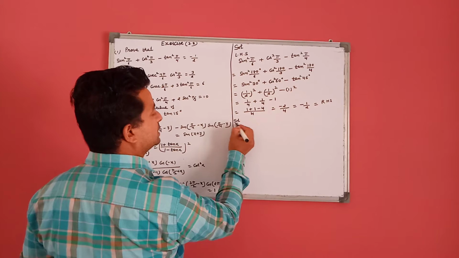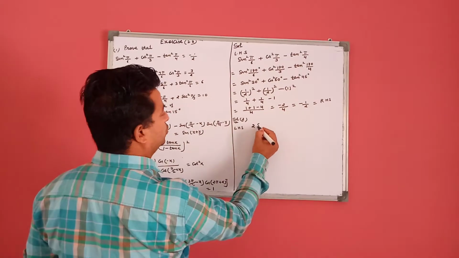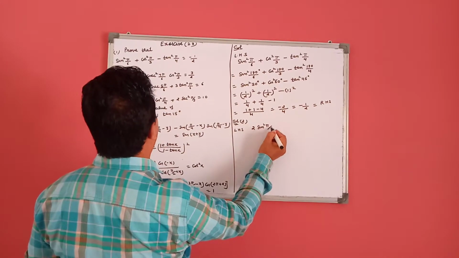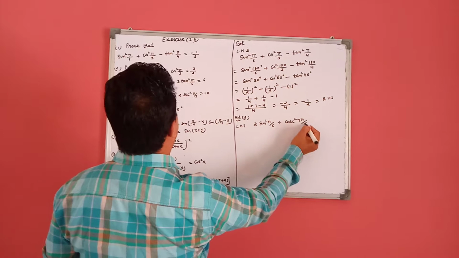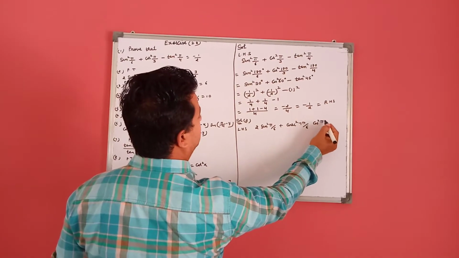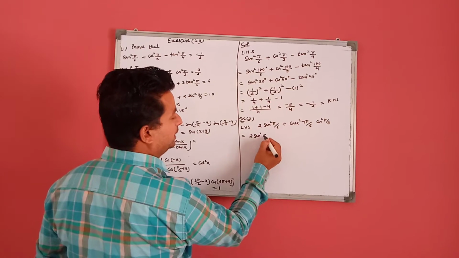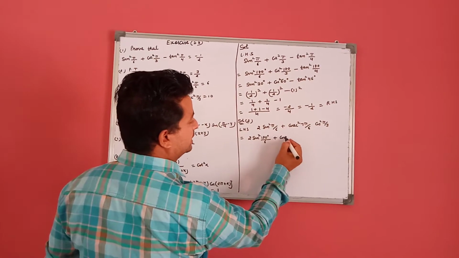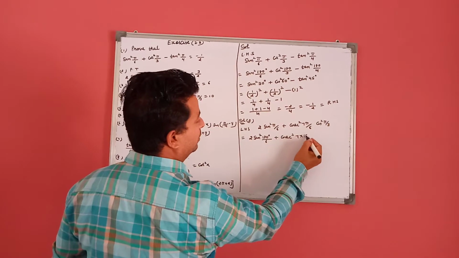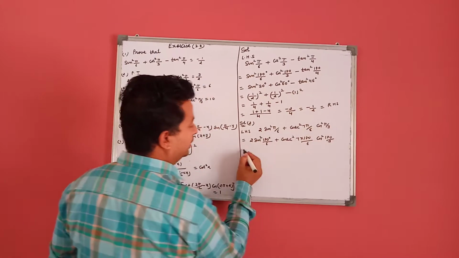In question number 2, the left hand side of the equation is 2 sin square pi by 6 plus cosecant square 7 pi by 6 cos square pi by 3. When we put the value of pi, that is 180 degrees, this is cosecant square 7 into 180 upon 6, cos square 180 upon 3.